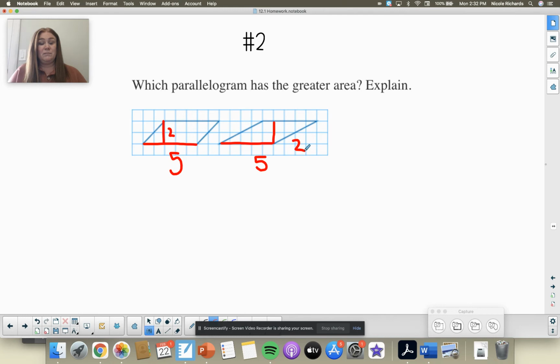So they're both 5 across, 2 up. So they look different. To me, this one looks bigger, but doing the math, 5 times 2 is both 10. So they're actually equal because their base and their heights are the same. So they have the same amount of squares inside of them.